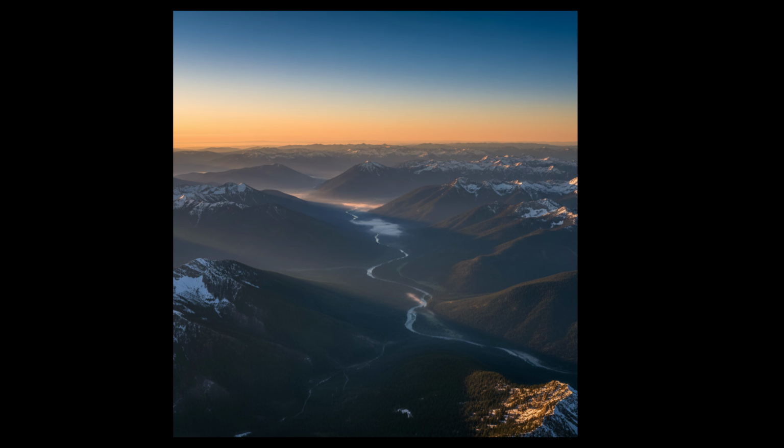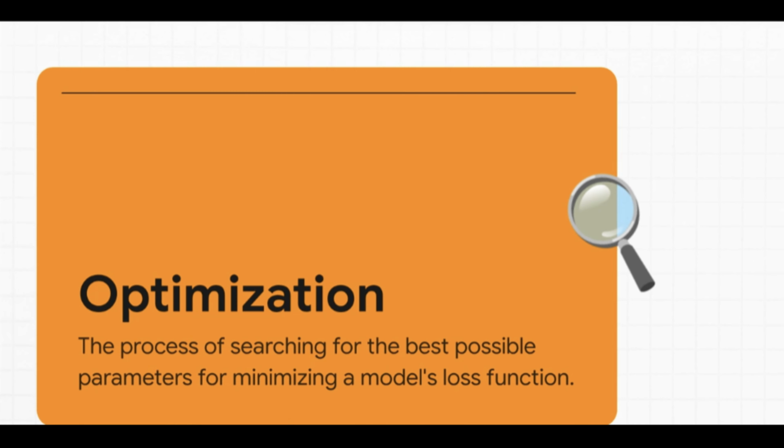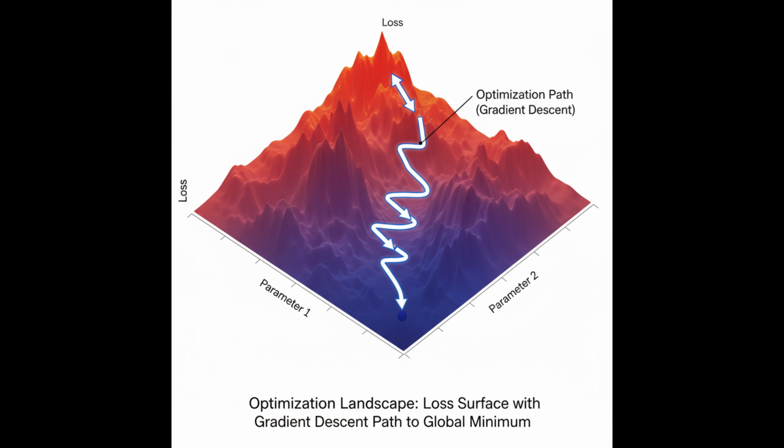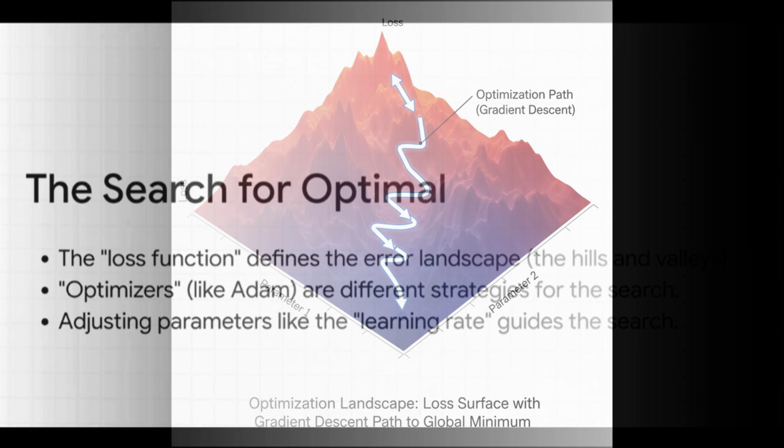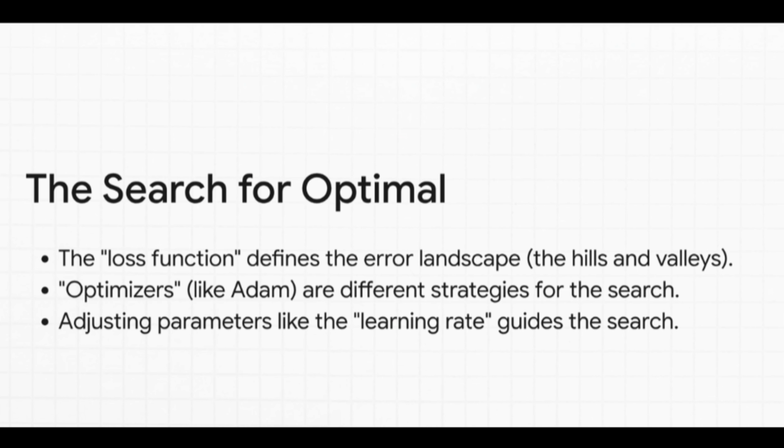Optimization is the grand strategy for navigating that entire landscape to find the absolute deepest valley, the best possible solution. So when you hear jargon like loss function, that's just the formula that defines the shape of this landscape, and different optimizers, those are just different strategies for exploring it. Think of it like adjusting the settings on your GPS to find the most efficient route to your destination.